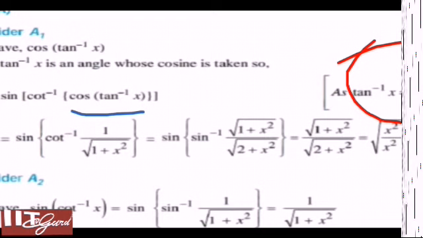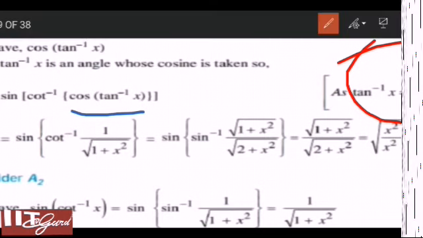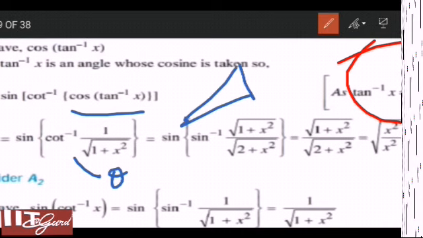Now once again you assume this as theta, and then solve in terms of sine inverse. So you can see over here how to solve. Let's make the triangle over here. This is cot inverse. So cot inverse is base upon altitude. So we say 1, and this is under root of 1 plus x square.